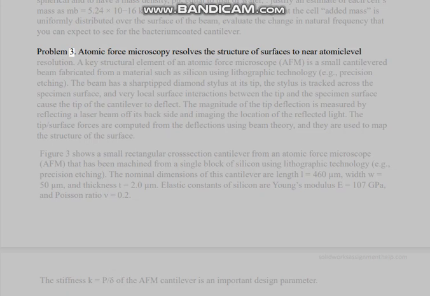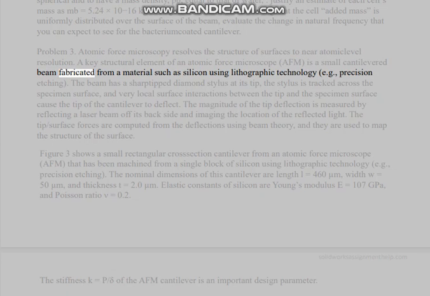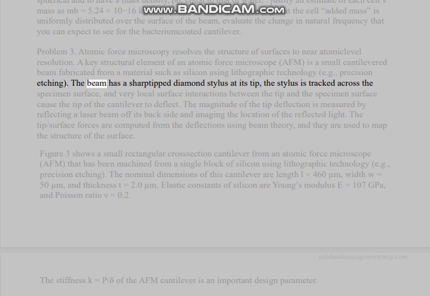Problem 3. Atomic force microscopy resolves the structure of surfaces to near atomic level resolution. A key structural element of an atomic force microscope, AFM, is a small cantilevered beam fabricated from a material such as silicon using lithographic technology, for example, precision etching. The beam has a sharp-tipped diamond stylus at its tip.